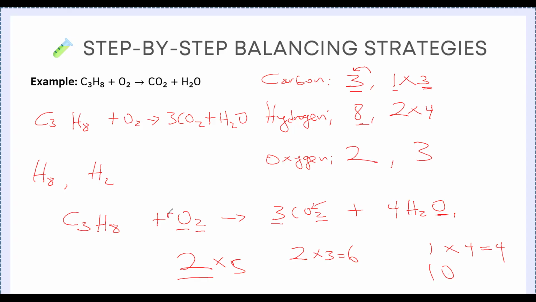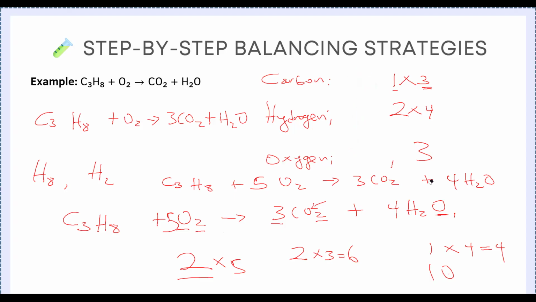So that way, if I put a coefficient of 5 over here, the full equation now becomes C3H8 plus 5O2 giving 3CO2 plus 4H2O. Now, we're going to go and check if the equation is fully balanced. All the elements, how many atoms of each of them are on the left and on the right hand side.